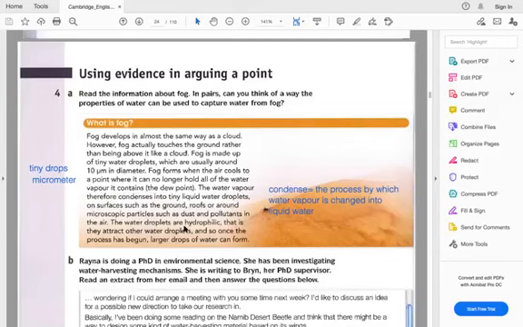The water droplets are hydrophilic. What is the meaning of hydrophilic? Last time we said hydro means water. A hydrophilic material is one which attracts water.